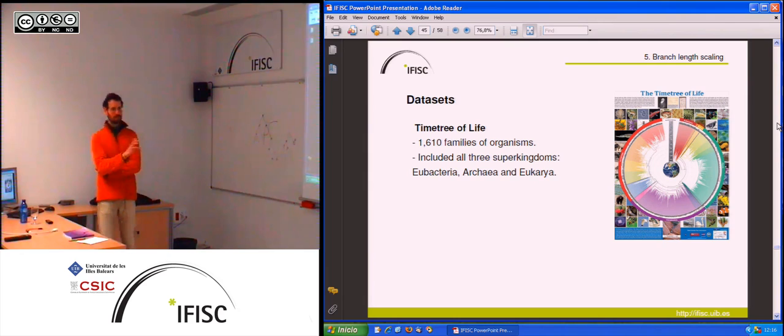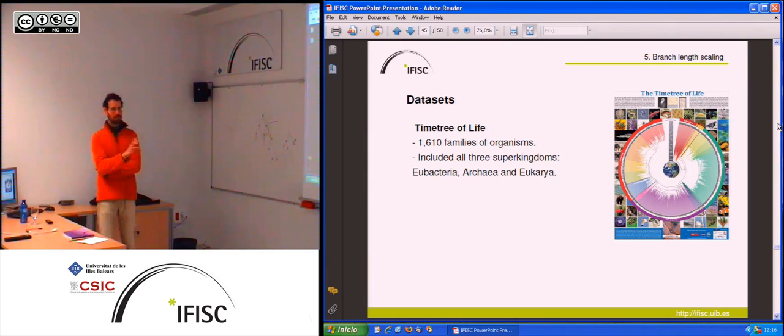The other question is the quality of the statistics and the problem with the extinct data. That's the problem. The easier you get the data, the more problems you will have with the extinct data, because with microorganisms it can be very easy to get a very large tree, but you don't know what's an extinction there.